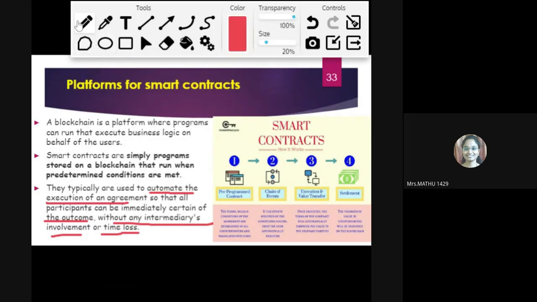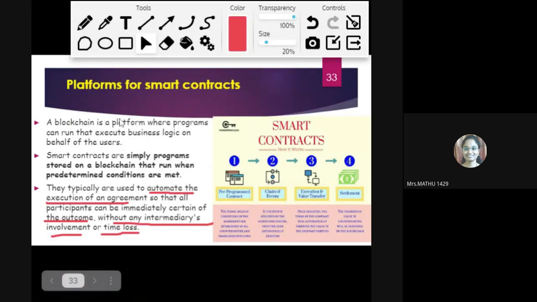That is the advantage of smart contracts, and for doing that, blockchain acts as a platform. This is not available in all networks, though. There are several blockchain networks available, and some of them are now updating to support smart contracts.